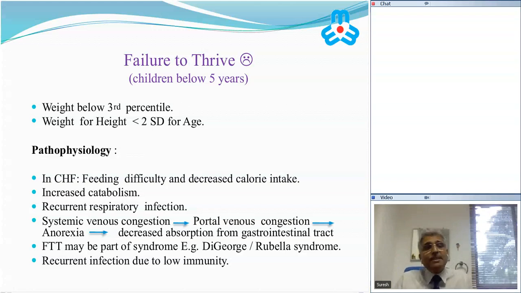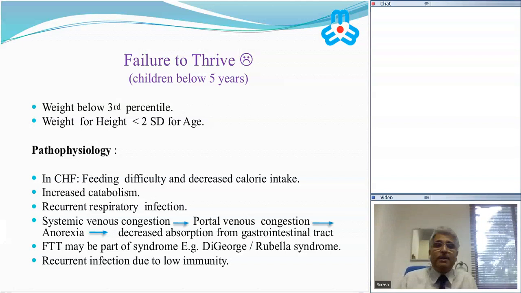The child with heart failure, with its heightened sympathetic activity, has an increased catabolism. The child with heart failure is also prone to recurrent respiratory infection, which we will discuss shortly, which again demands more energy which the baby is unable to provide. Plus, the systemic venous congestion is accompanied by portal venous congestion, which leads to anorexia and also decreased absorption from the gastrointestinal tract.